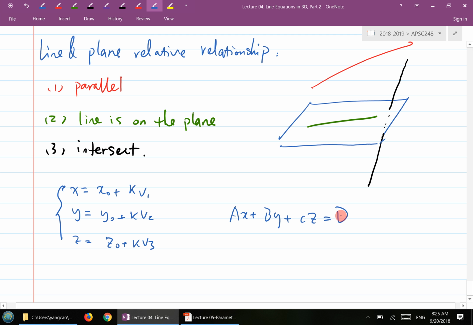So it's a simple question, even a multiple choice kind of question: given a line and a plane, what's the relationship between these two, 1, 2, or 3? How would you quickly determine that?